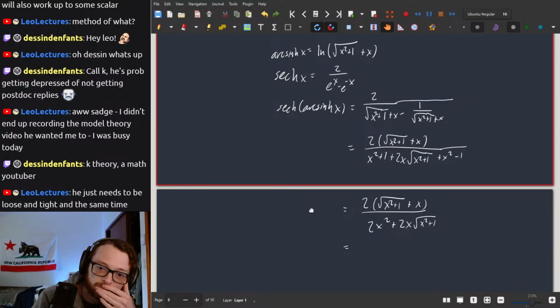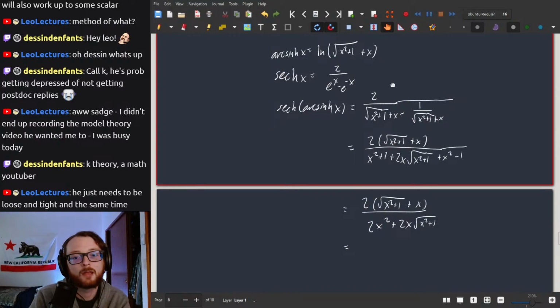Hmm. I guess I can plug this first part into Wolfram Alpha and see if it comes out to be the same thing.